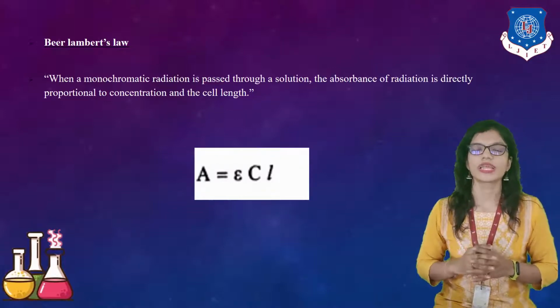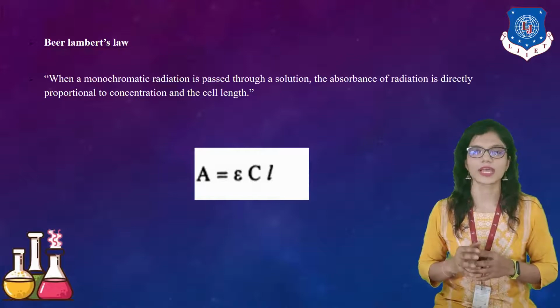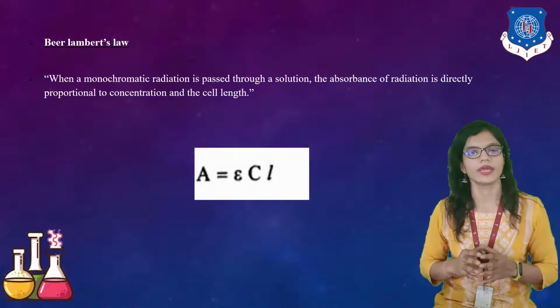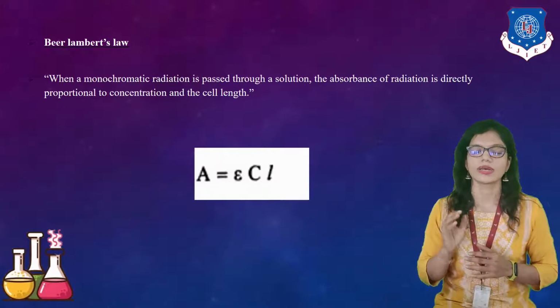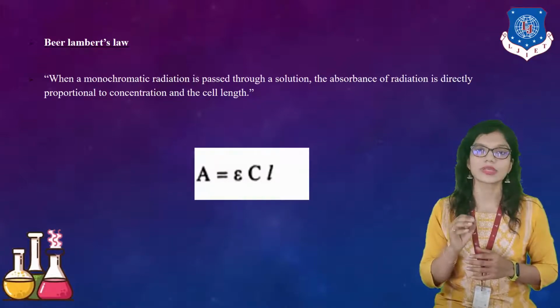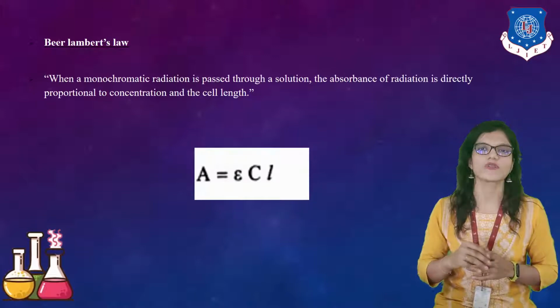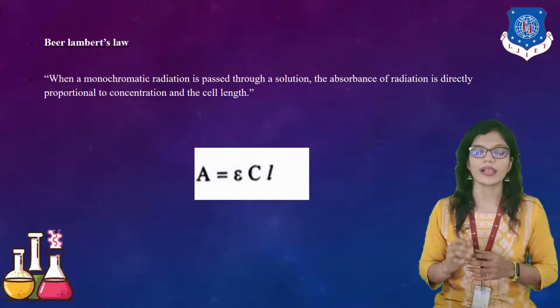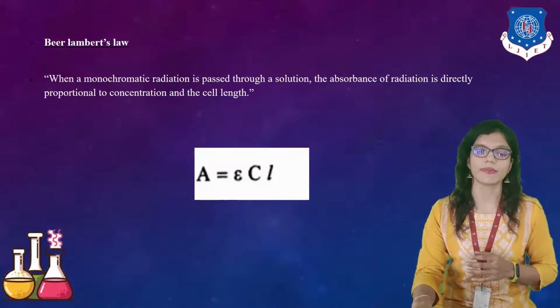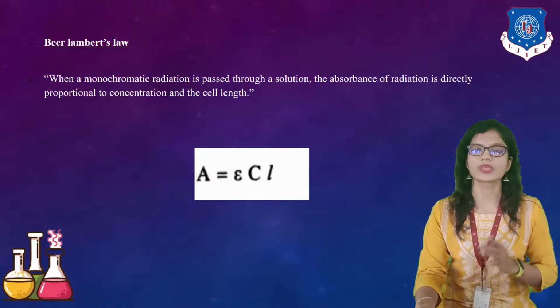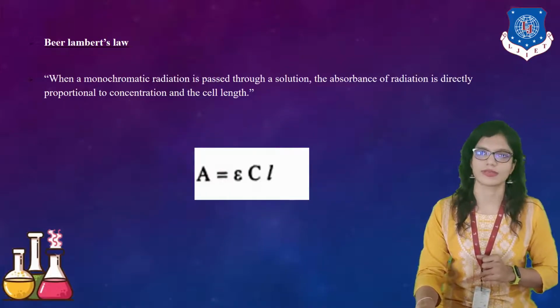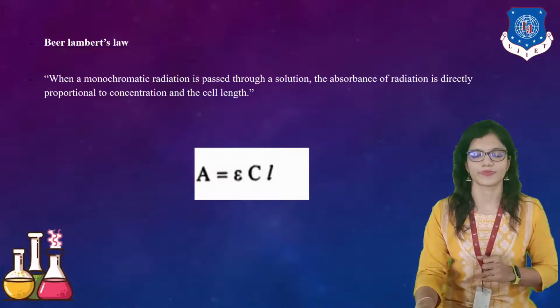So we can denote it as capital A equals epsilon into C into L. Here A is the absorbance, C is the concentration of the sample, and L is the length of the sample cell. When we put all the values in this, we can get the absorbance.